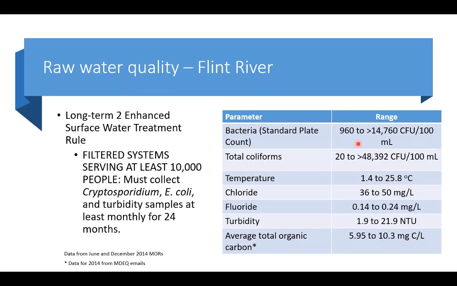The high concentrations are typically related to storm events, surface water runoff into the river, and potential contamination with microorganisms. Temperature ranged from about 1.4 degrees to almost 26 degrees C. That means that has a significant impact on the operation of the plant.